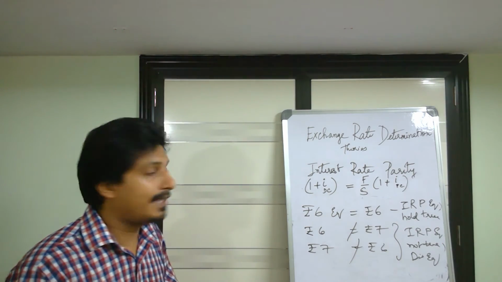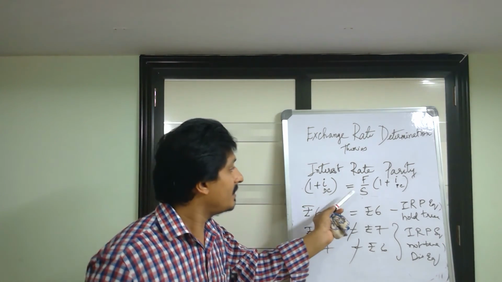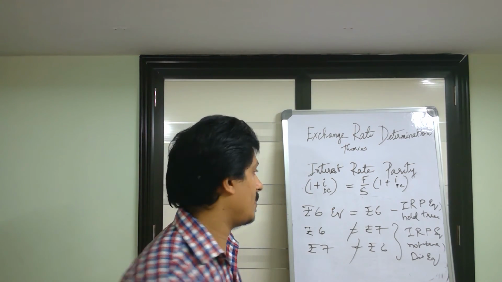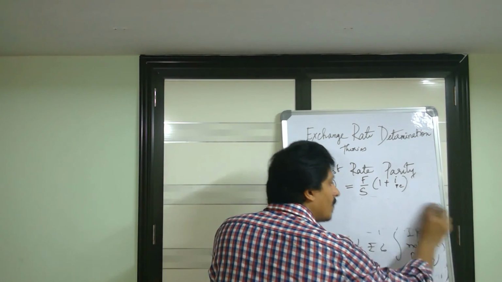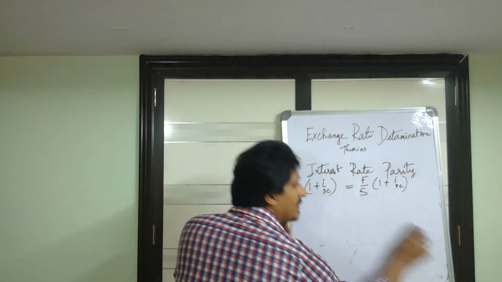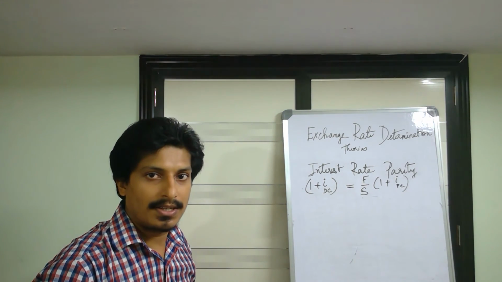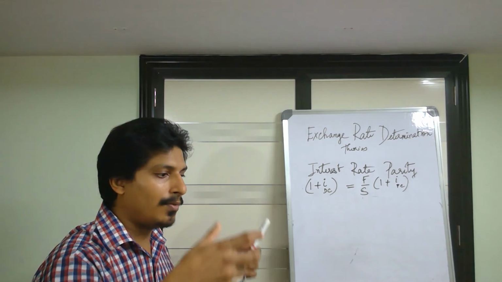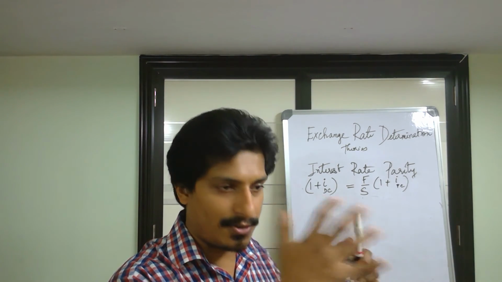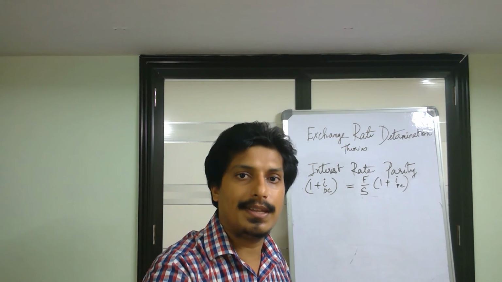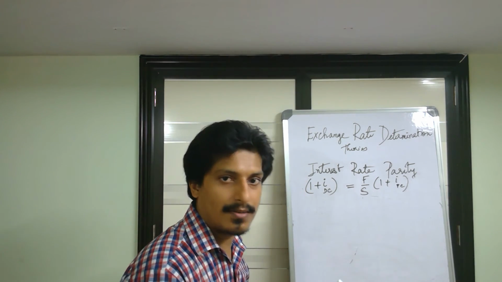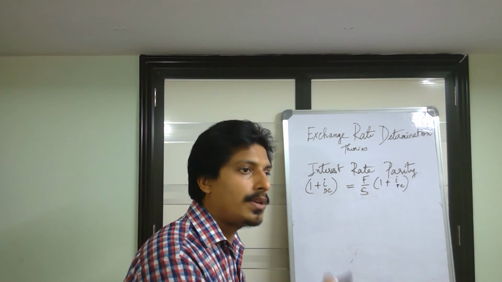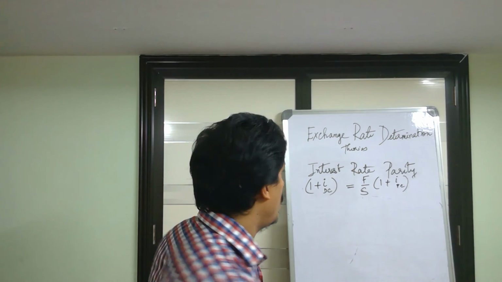Secondly, I already mentioned this: interest rate parity is mainly used to calculate the forward rates. I have not discussed forward rate calculation from the spot rates yet. From the spot rate, you calculate forward rates. It's a derivative. Just as in the stock market you take the spot prices and derive the future values from the underlying security, in the same way, from the spot foreign exchange quotes, you derive forward exchange quotes.